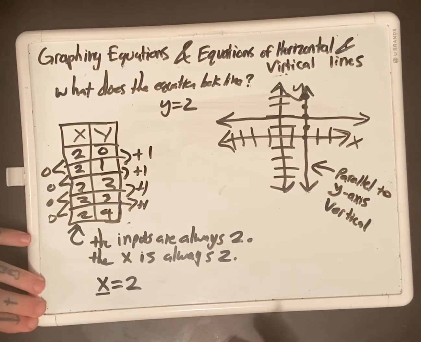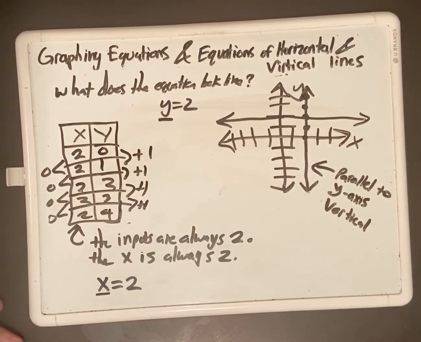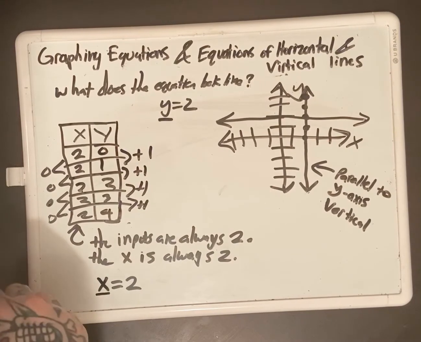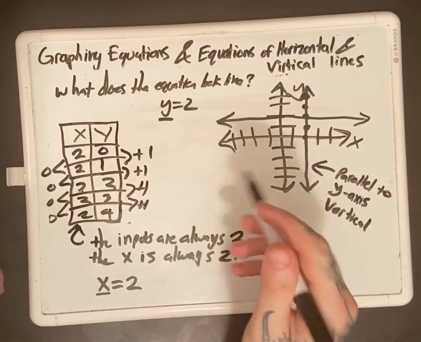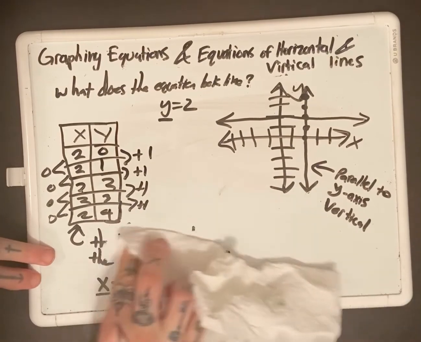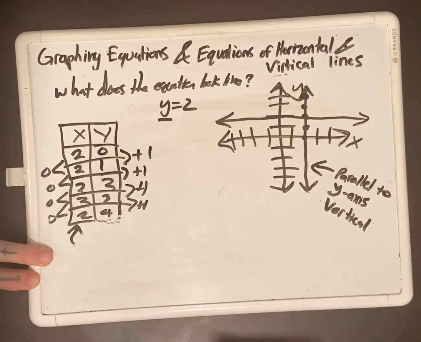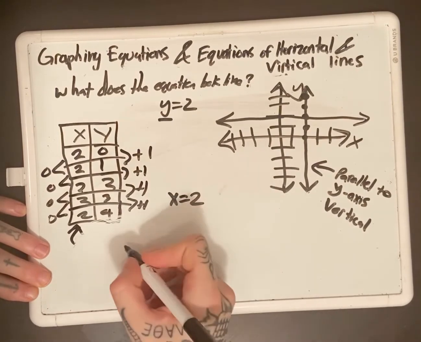For horizontal lines, it's y equals a number. And that number corresponds to either the input or the output, respectively. So x equals 2.